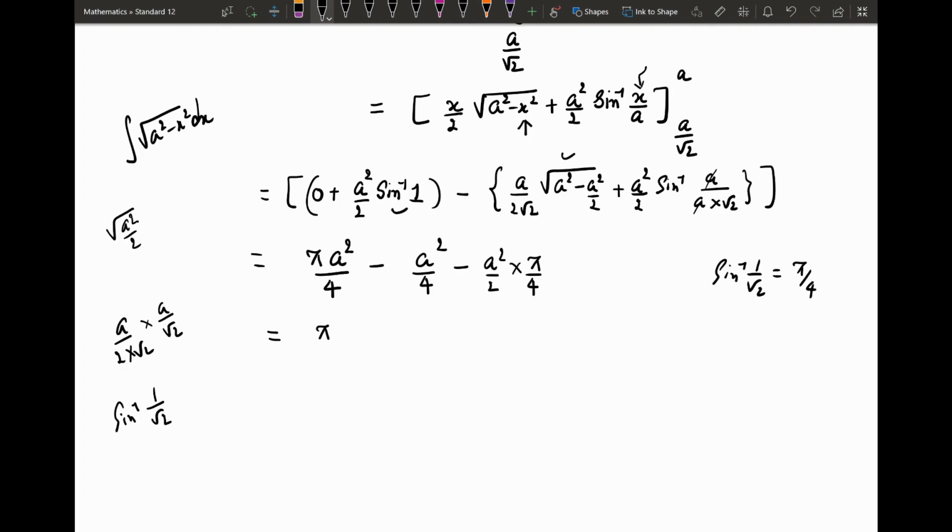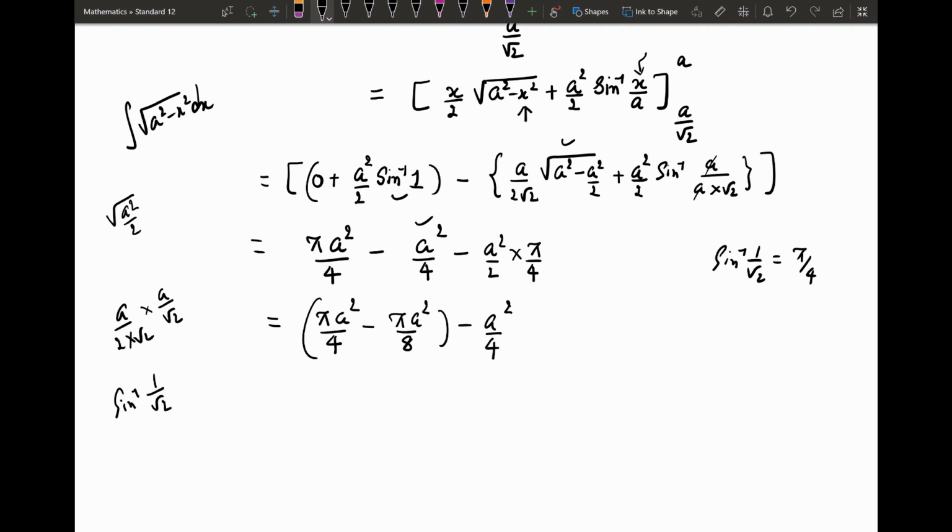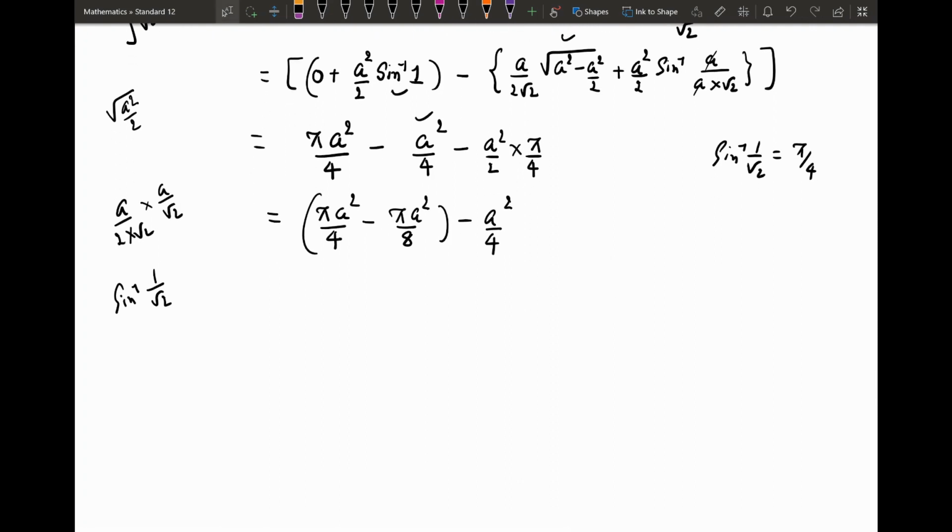So pi a square by 4 minus pi a square by 8 minus a square by 4, which is pi a square by 8 minus a square by 4.